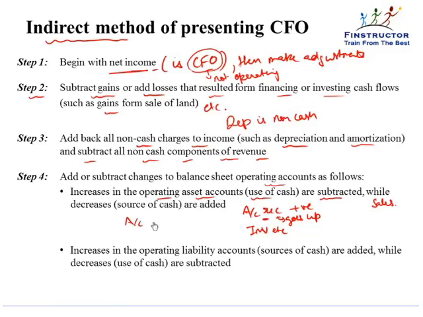So if accounts receivable come down, that means not only did I receive this period's sales, but I also received some of my past receivables, or the cash inflow this period was higher than what is there in the net income. We'll understand it better with an example, but remember, increase in operating assets are subtracted, while a decrease in operating assets are added to the cash flows derived from the net income.